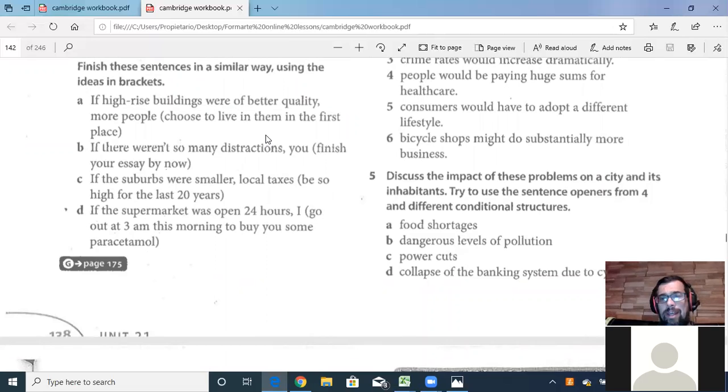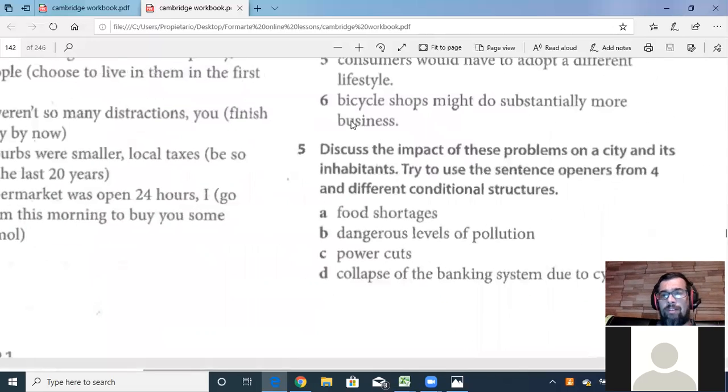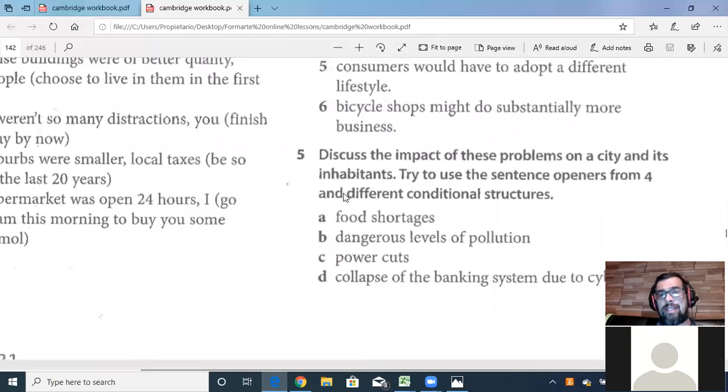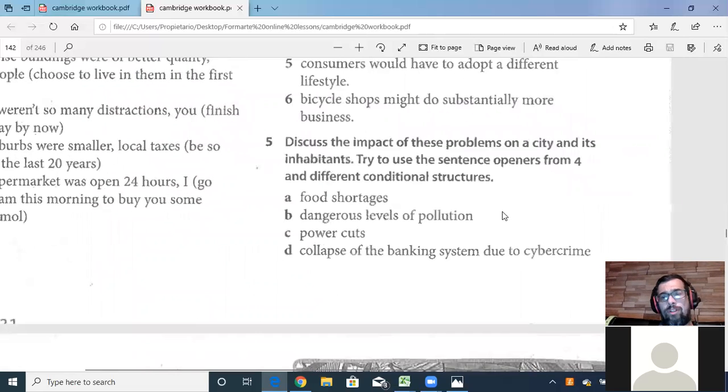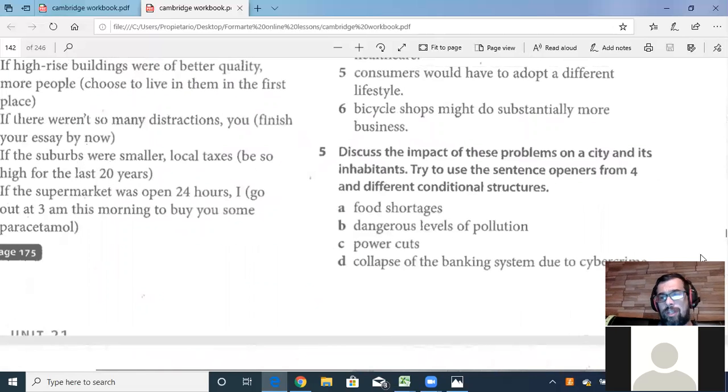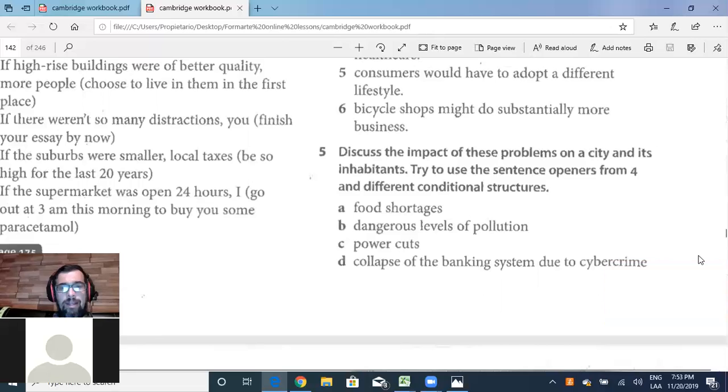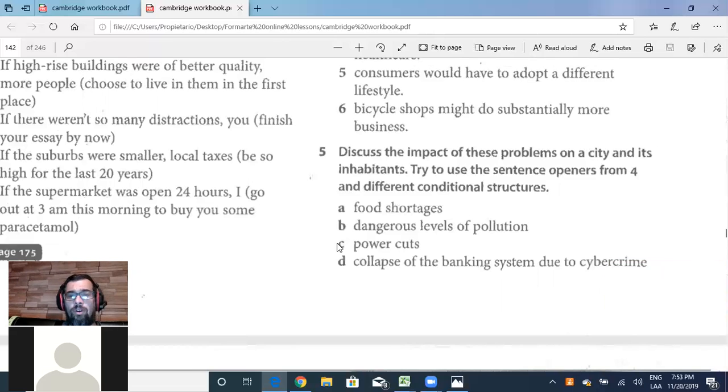Okay, it says here, discuss the impact of these problems on a city and its inhabitants. Try to use the sentence openers and different conditional structures. So I just want for you to choose some of these four options, and I want for you to talk a little bit about that regarding your city, right?